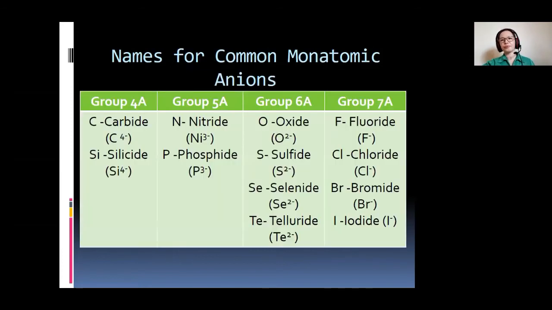Examples: carbon is carbide, sulfur is sulfide, oxygen is oxide, chlorine is chloride, fluorine is fluoride, and so on. Always remember that it's the anion, the negative charge, that will be changed to the IDE ending.